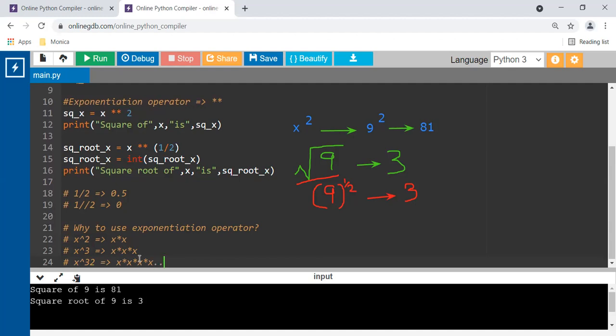To avoid this, what can we write? We can write its equivalent Python expression using the exponentiation operator by simply writing x asterisk asterisk 32. So this is the simplest way of writing x raised to 32 rather than multiplying x 32 times.